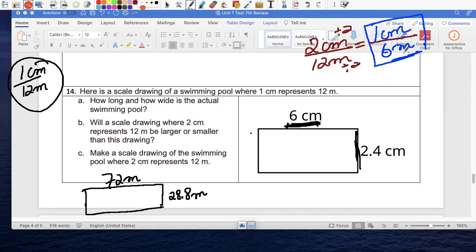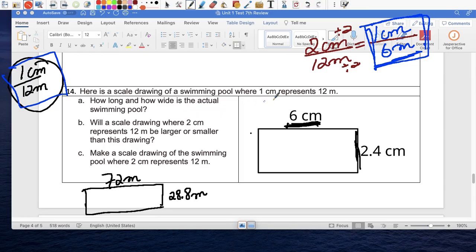Look, this is 1 centimeter to 6 meters. The scale that I used was 1 centimeter to 12 meters. So my drawing came out 6 centimeters by 2.4 centimeters. If my brother draws that same swimming pool using this scale, is his drawing going to be bigger or smaller?